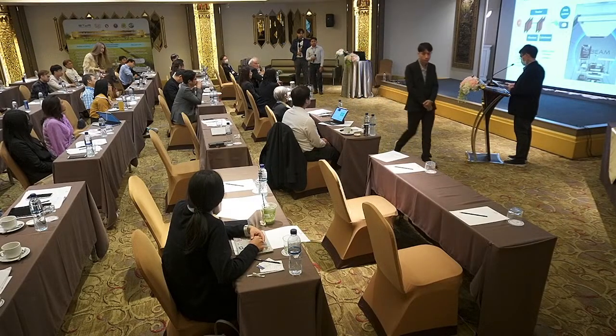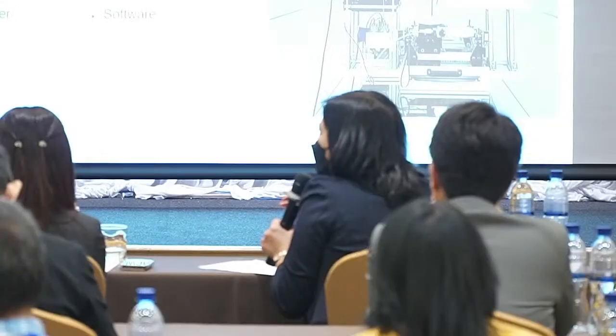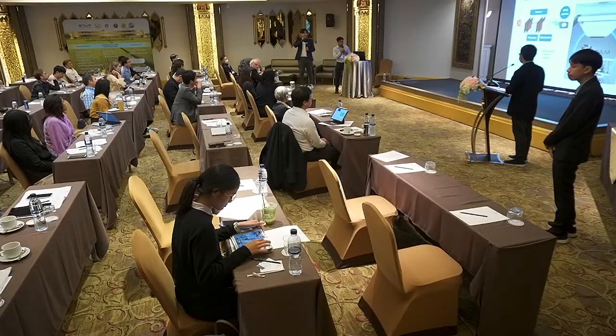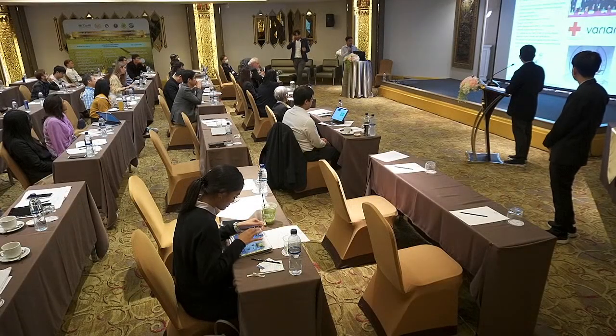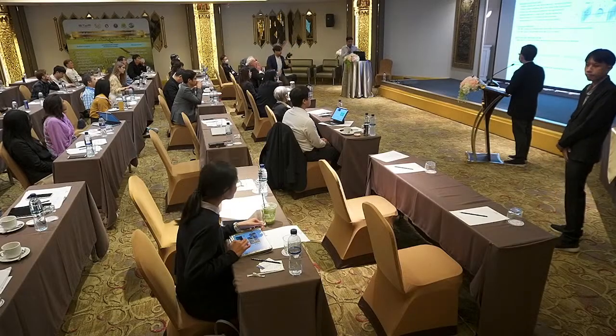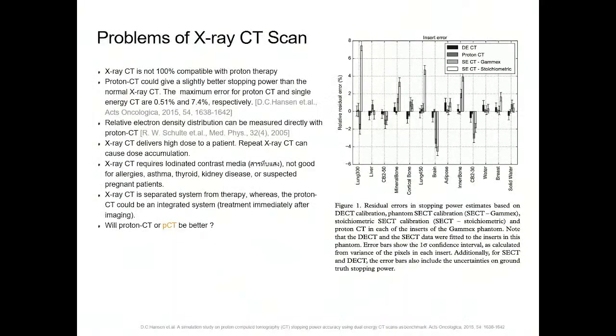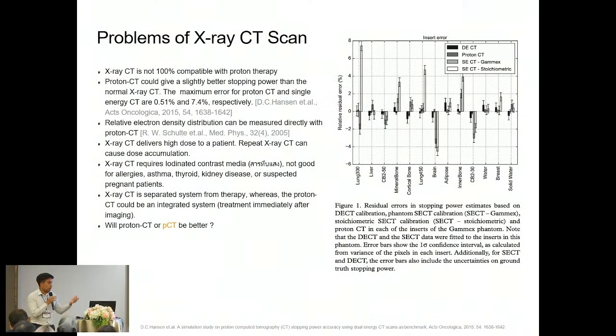My question relates to the resolution that you expect to get from your system, compared to the backend or compared to the CT scan. To be honest, we have not reached that stage, but we follow some publications. There are many publications about image reconstruction for proton CT, and most of them say that the resolution is better than X-ray CT.